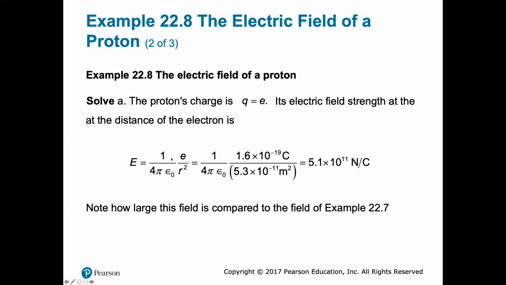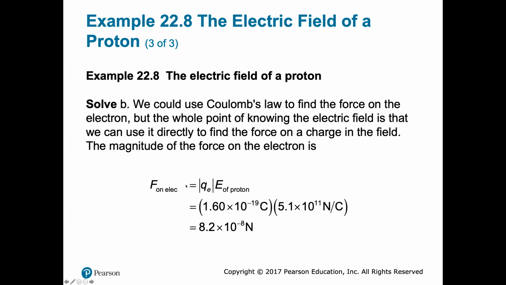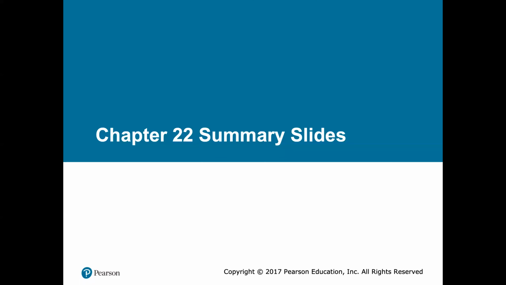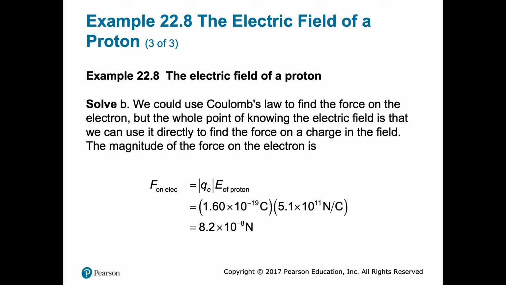Take all the numbers into the equation and you can calculate the result. This is E. Now let's calculate the force. Force equals field times charge, and then take the numbers and you get the answer. That's a pretty straightforward problem.